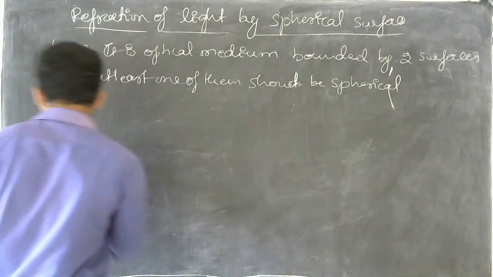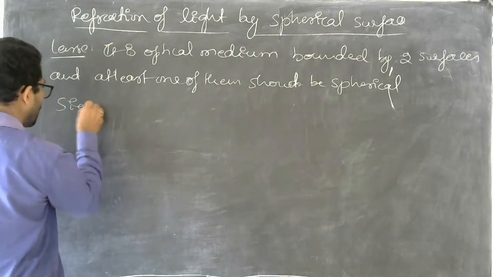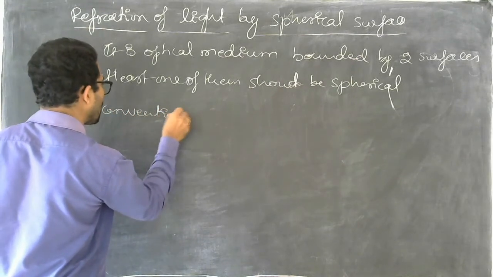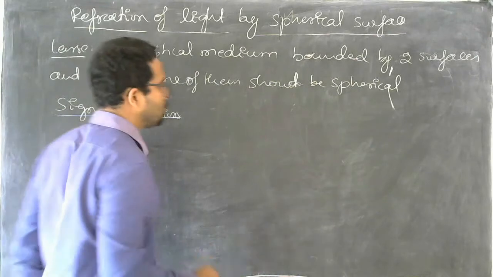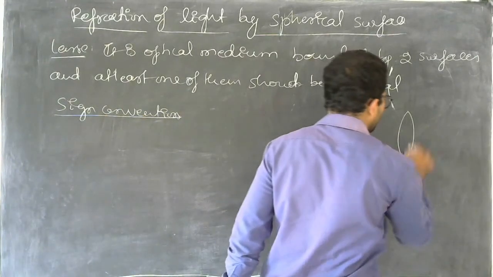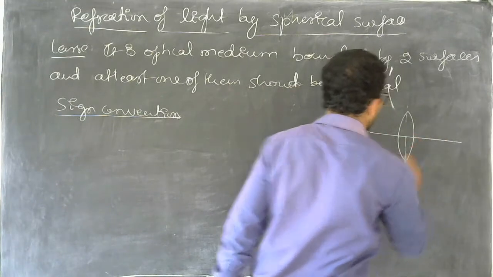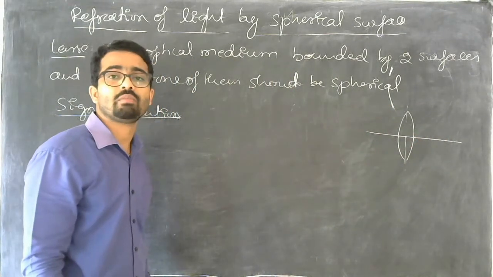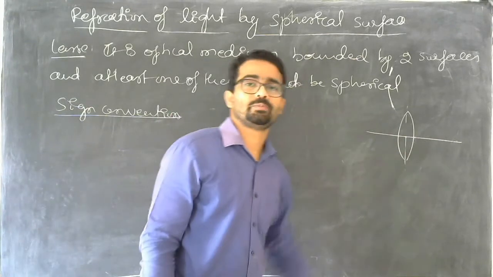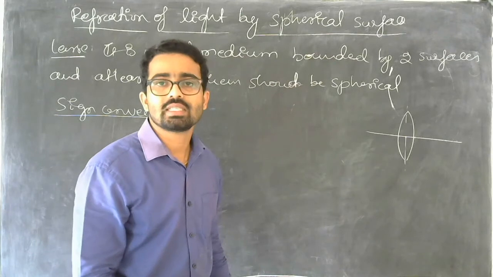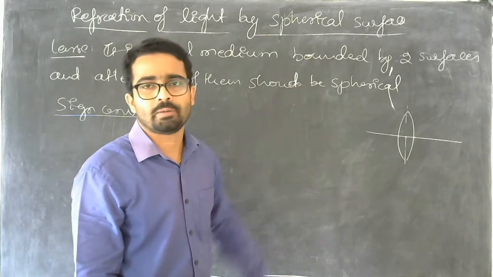Sign conventions. You need to put the sign here. So the first sign convention is: all the distances should be measured from the optic center. In all the cases I was taking the distance from the optic center.